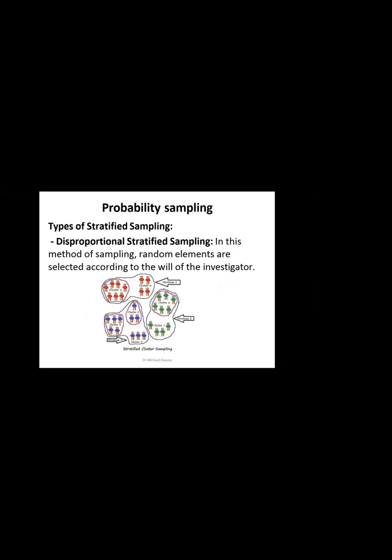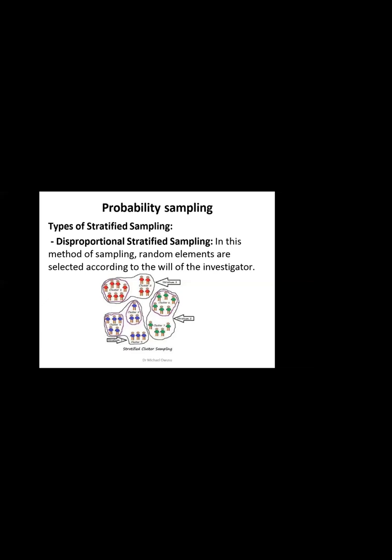Stratified disproportional. In this case, you stratify them, let's say, according to Muslims, Christians, traditionalists, Nigerians, Ghanaians, and the rest. But in this case, you are not going to add any proportion because their population is mostly not known. You don't know, like Christians, Muslims, traditionalists, that one is 40% and one is 60%.